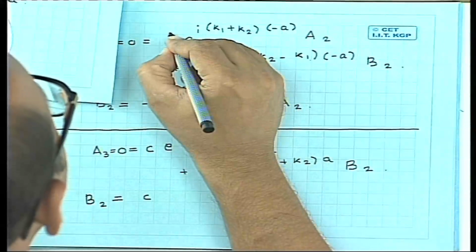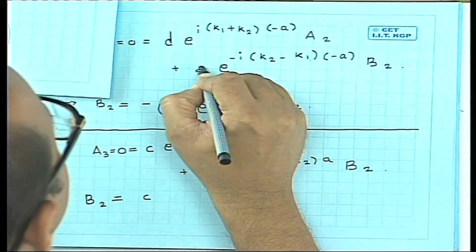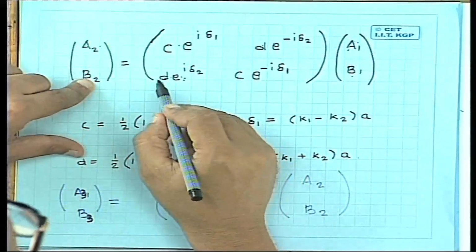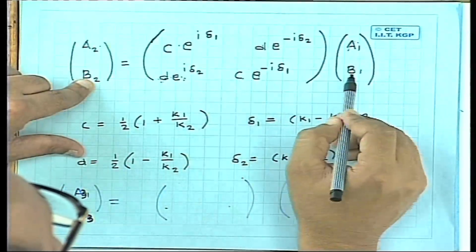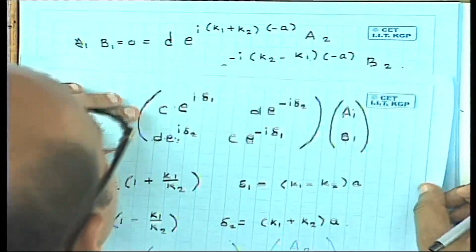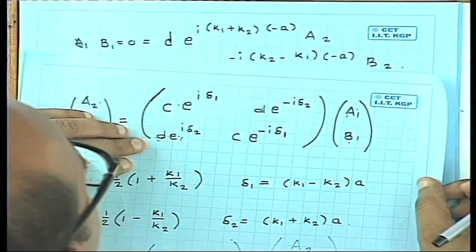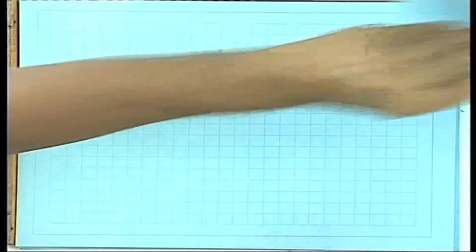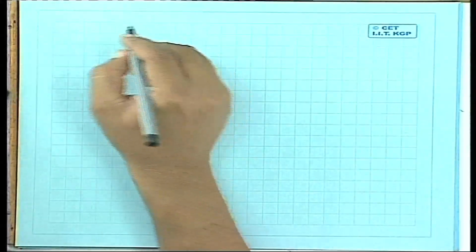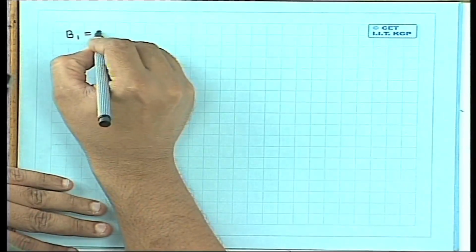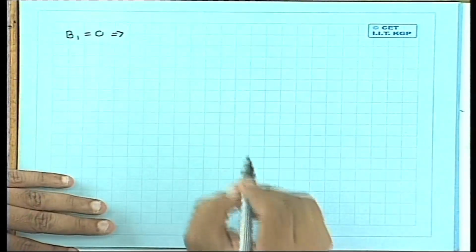Yes, in the relation this should be D, this should be C. In the relation for B, this will be D into A1, C into B1. No, I think better to just go back one step and write it again. So let us do it again.